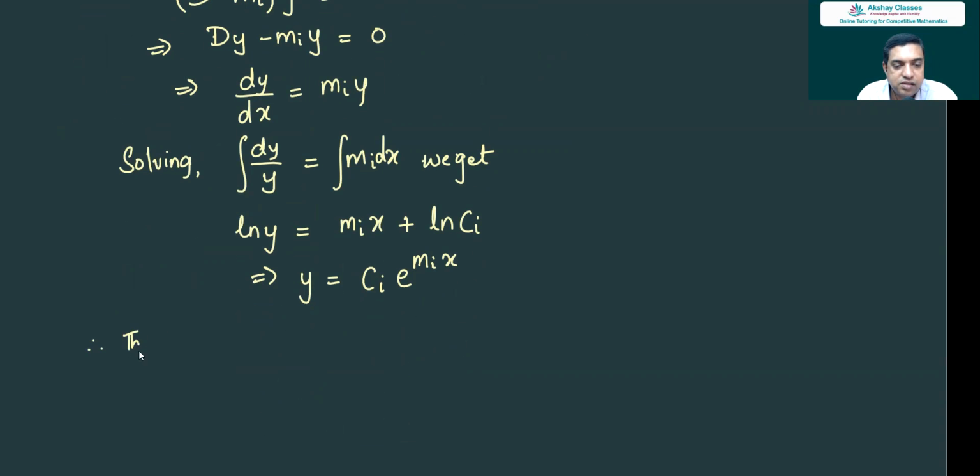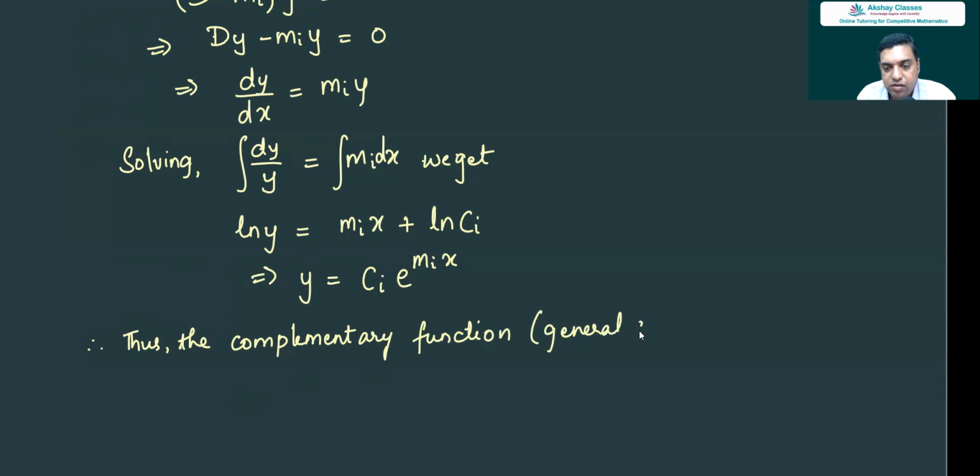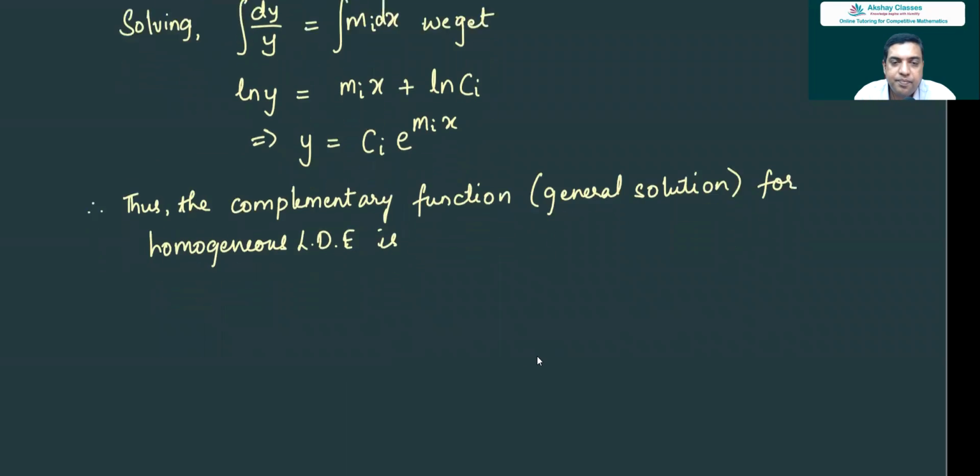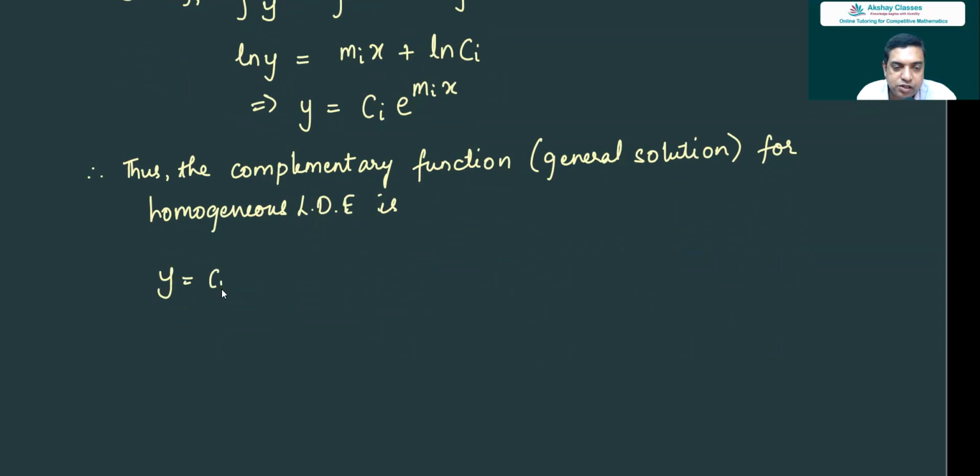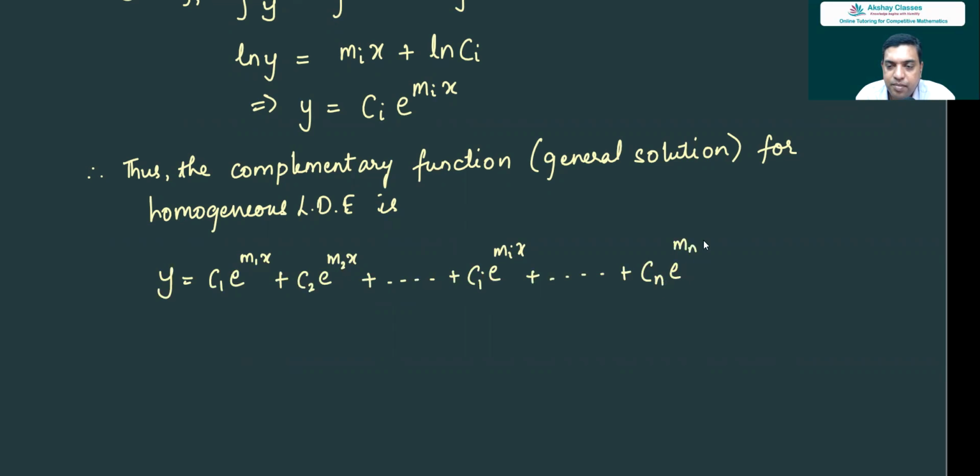Thus, the complementary function or the general solution for the homogeneous linear differential equation is y = c1 e^(m1 x) + c2 e^(m2 x) + and so on, ci e^(mi x) ... cn e^(mn x).